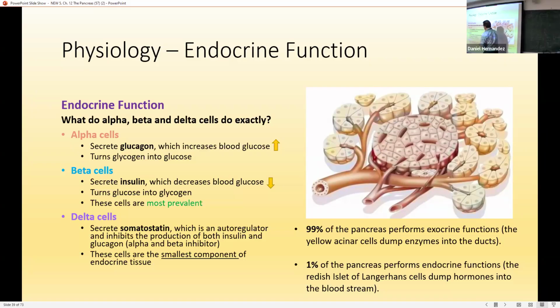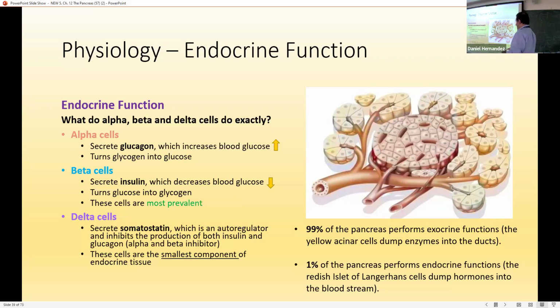The beta cells are more prevalent within the pancreas, and then the delta cells secrete somatostatin, which is an autoregulator that inhibits the production of both insulin and glucagon.